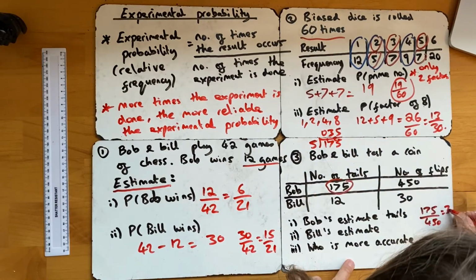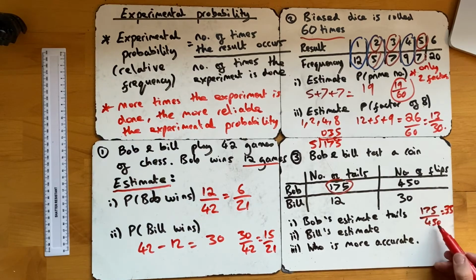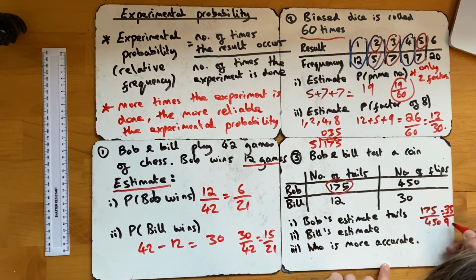So we know that is 35. 5's into 450: 5's into 45 is 9, and you still got the 0, so 90. Well, if it ends in a 5 and a 0, it's probably divisible by 5 again. So 5's into 35 is 7, and 5's into 90: 5 goes into 9 once, remainder 4, so 5's into 40 is 8, so it's 18. Okay, so that's your result.